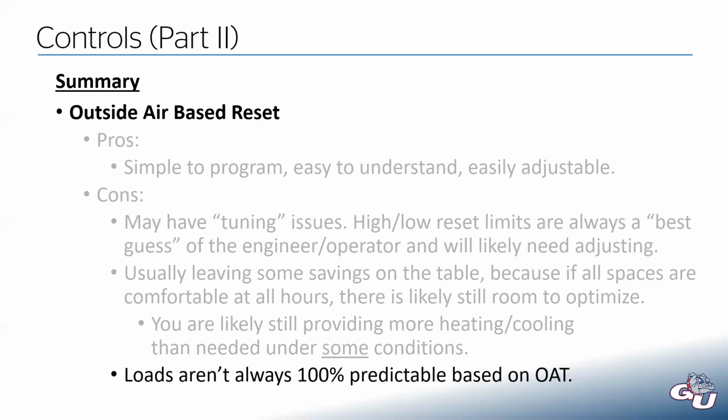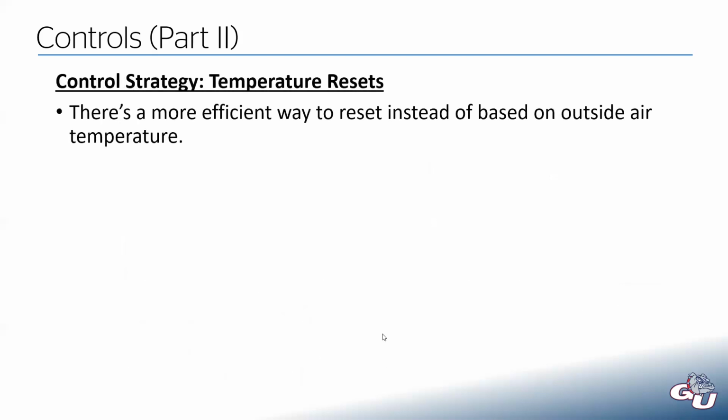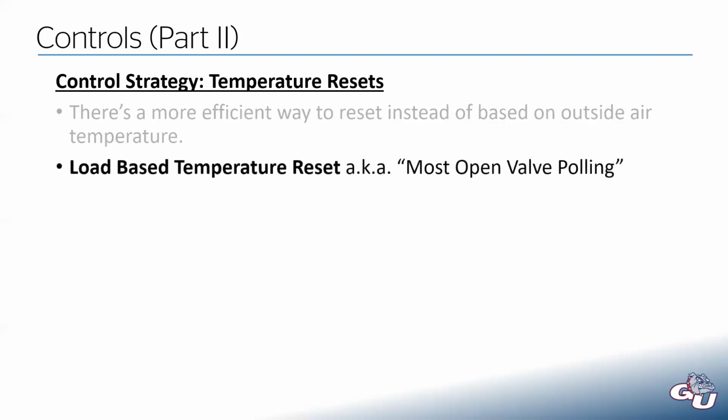I know that's the assumption we've been running with on all of our bin calculations, but in actual practice, that's not always true. And there is a more efficient way to reset our temperatures rather than based on outside air temperature, and that's based on what's called a load-based temperature reset, also known as most open valve polling.